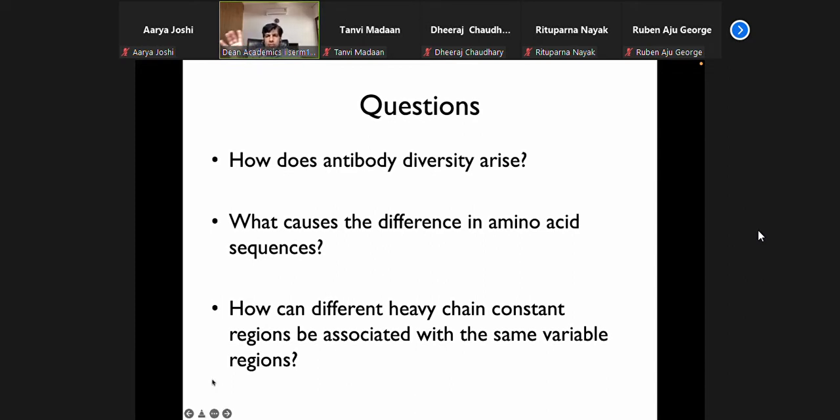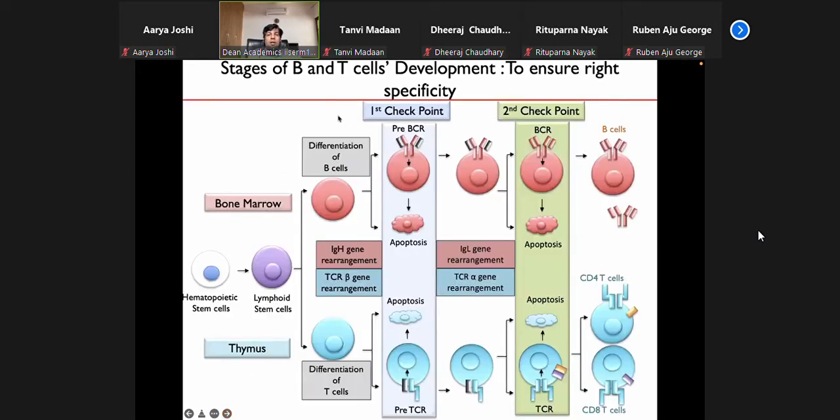First, I will give you an overview of how things are actually happening, and then we'll discuss in a little more detail the fine details of these processes. All right, so this is basically a very simple cartoon showing how things are going to happen.